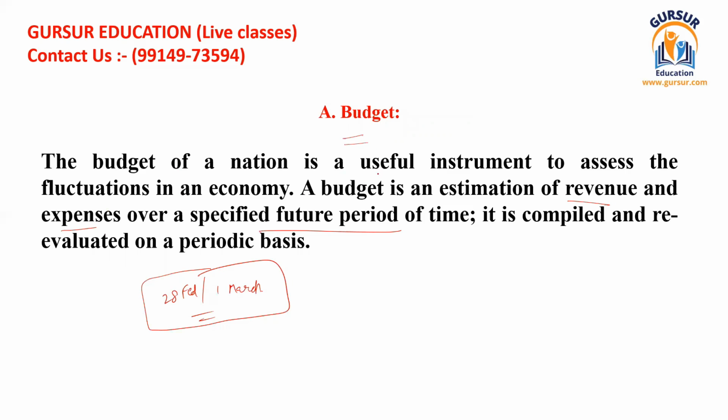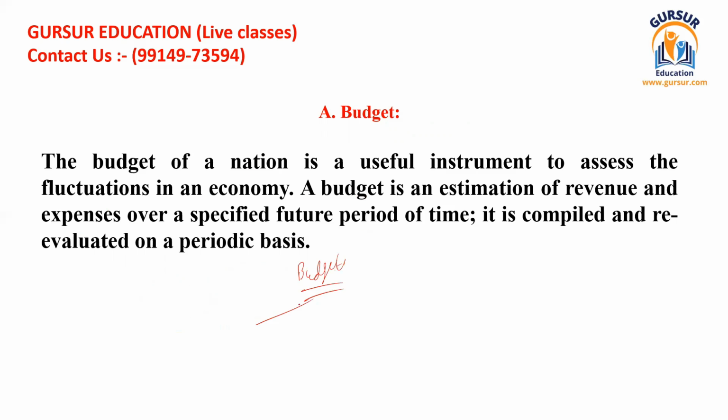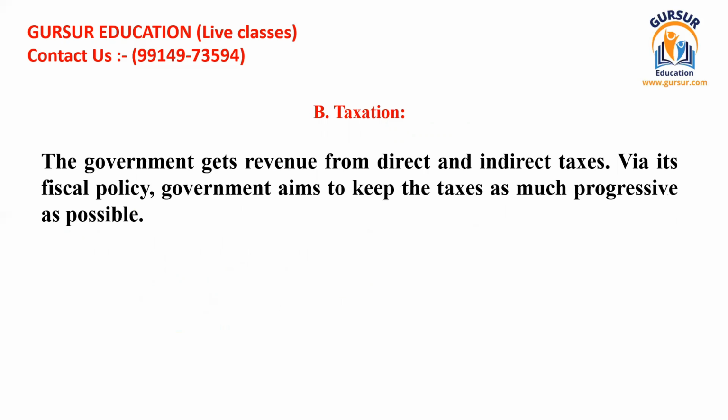This is the most important and useful instrument of fiscal policy which the government can use, because in the budget the government can allocate the amount to different sectors of the economy. So budget is a very useful fiscal instrument.